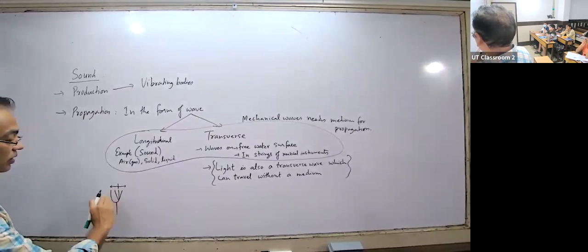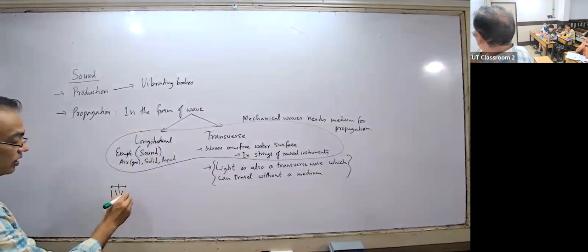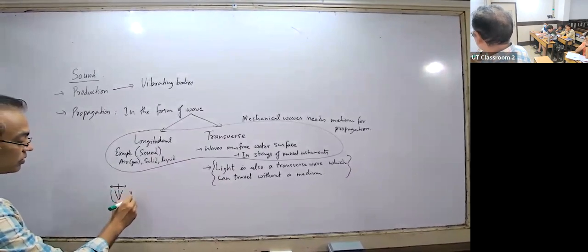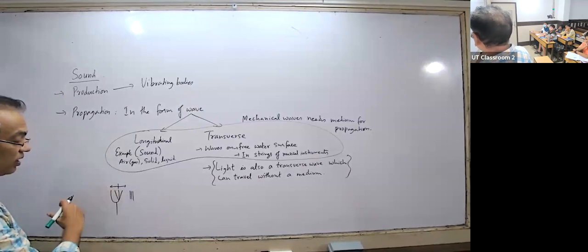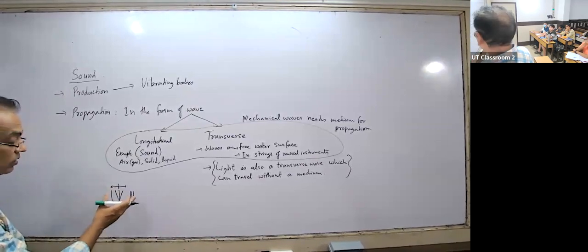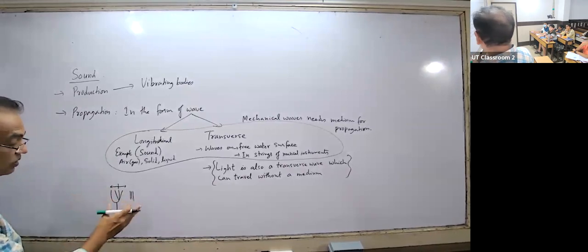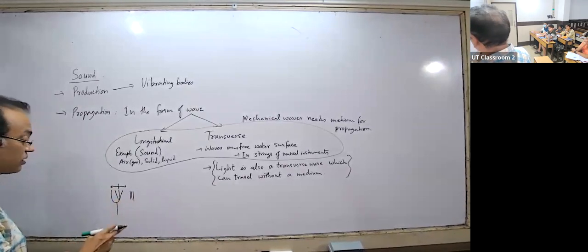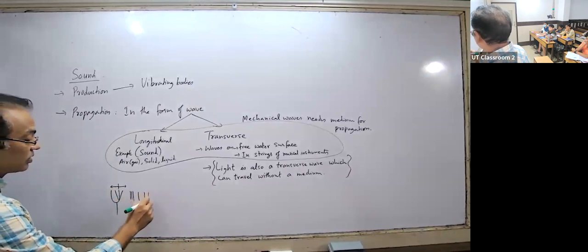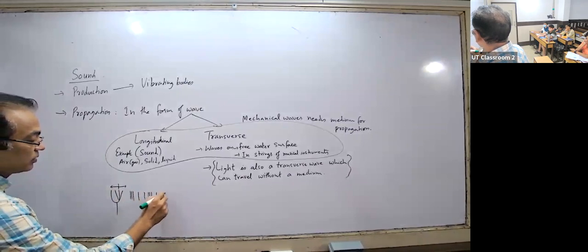When it goes in front, it will compress the air particles, and when it comes back, it will relax. Compression and relaxation lead to compression and rarefaction. I showed you in form of waves, right?